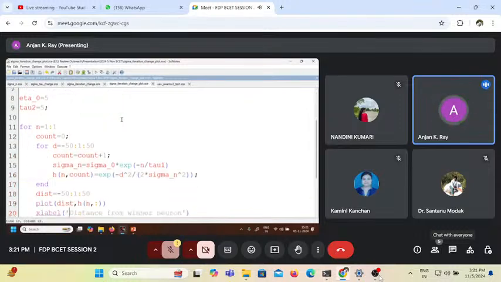Let's say I have only one sample, so n is equal to 1, and I consider 50 neurons on the right side and 50 neurons on the left side. So these are the 100 neurons along with the winner neuron for one sample, and we see what happens to its neighborhood.